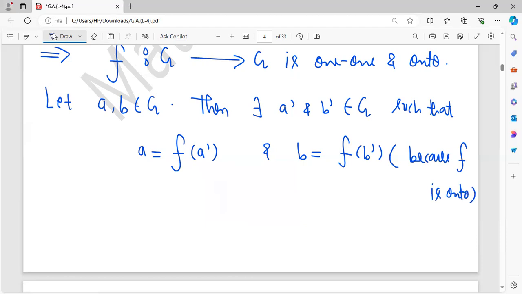Now, f inverse of ab, how can we write it?